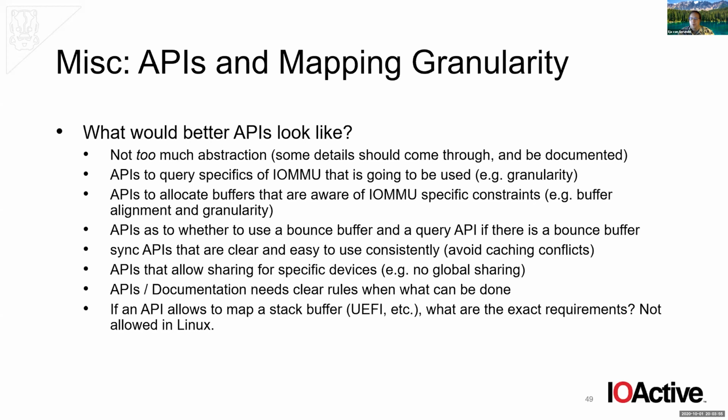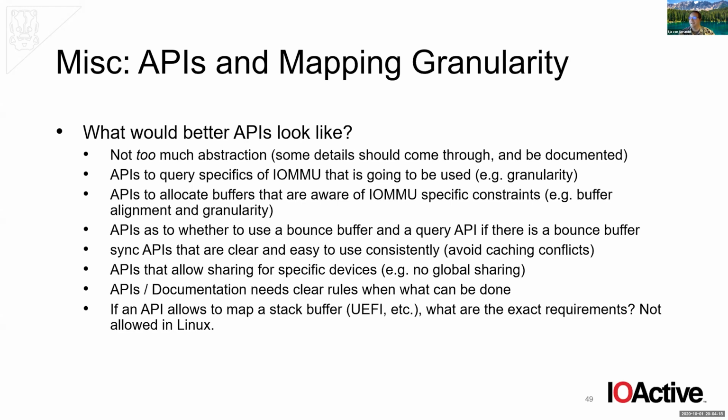In short, I think we can solve a lot of these problems by having better APIs. What I want is no crazy abstractions. I want simple, clear, consistent APIs. I want APIs that allow me to query specifics of the IOMMU, such as how big the granularity is, is a bounce buffer going to be used, can I map on the stack, things like that. I also want a good API that allows me to do buffer allocations that are IOMMU aware.